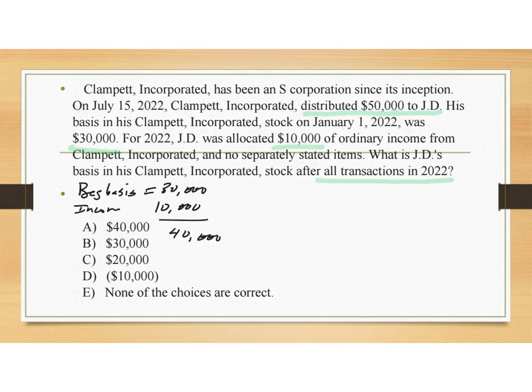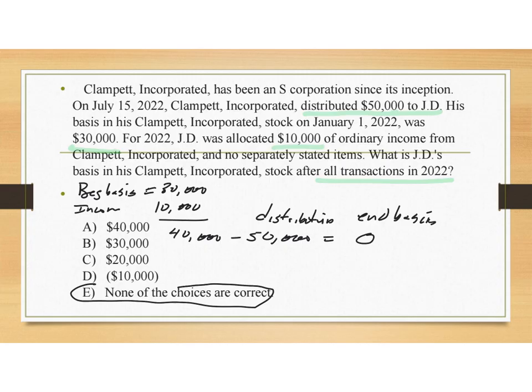What was the distribution? His distribution was $50,000. So what does that leave his ending basis? It's 0, because remember, ending basis cannot be less than 0, right? So none of these choices are correct because his ending basis is 0. Okay? And that is the last one of those types of problems.